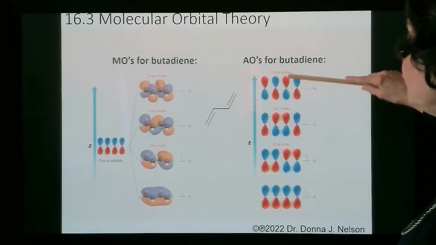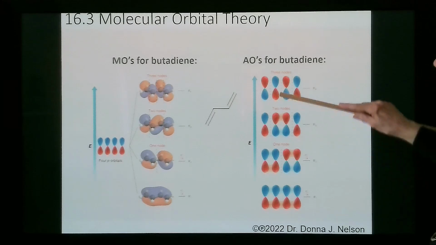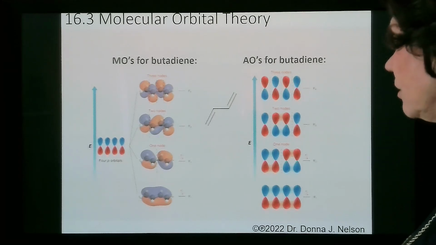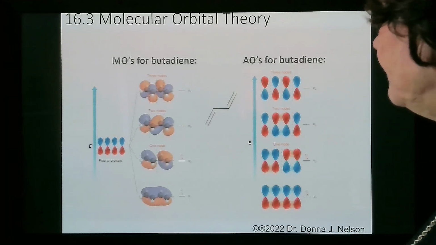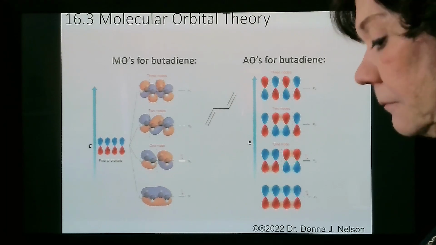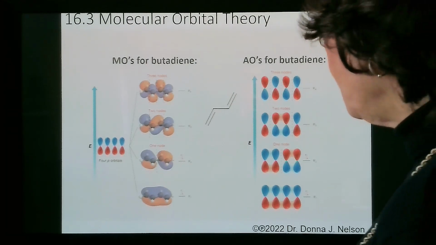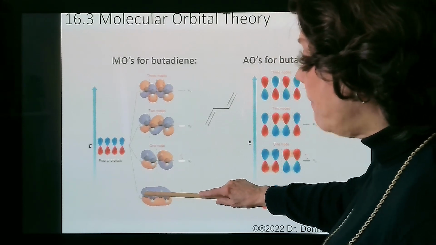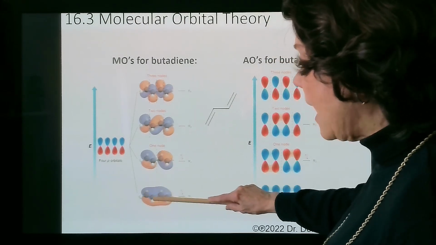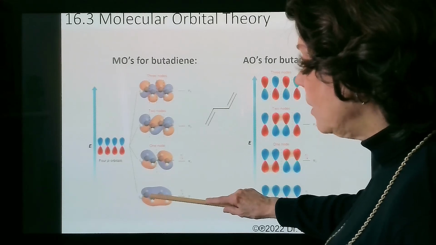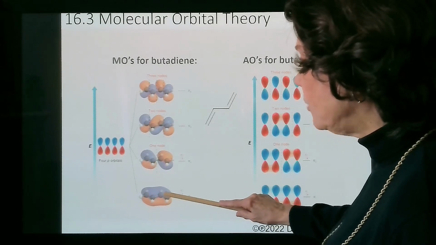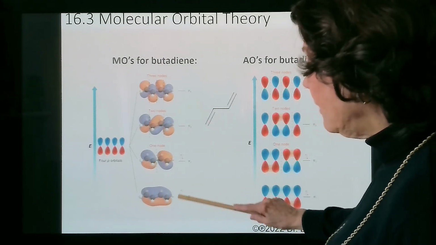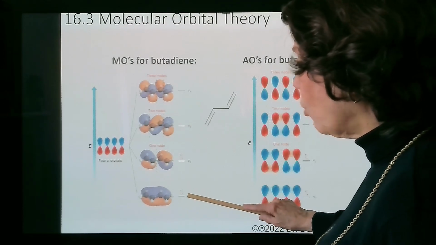So there's nodes between each 2 consecutive p orbitals. So here you would expect there to be bonding interactions between C1, C2, C2, C3, C3, C4 in the lowest molecular orbital.